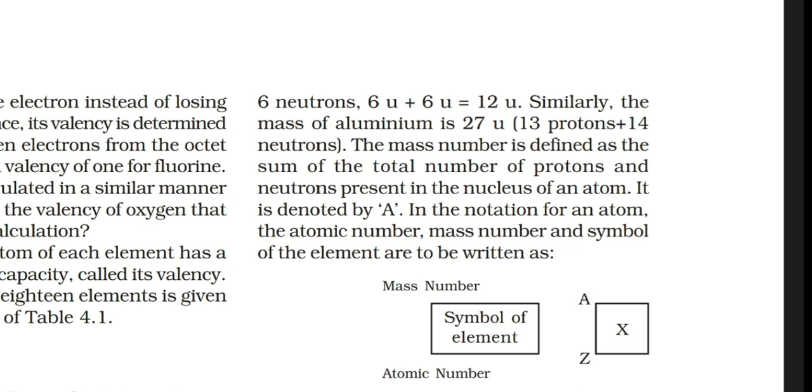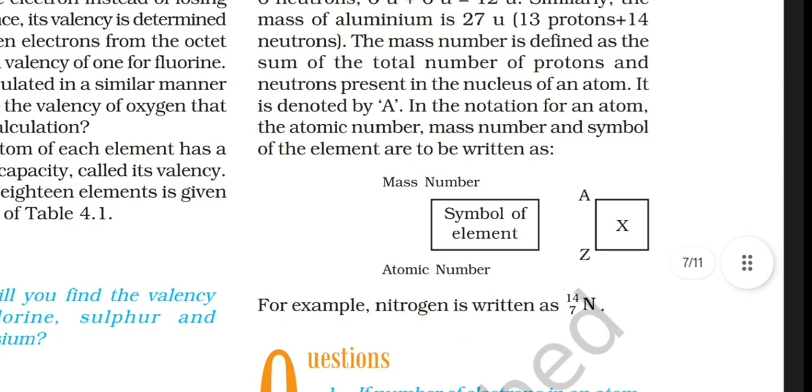In the notations for an atom, the atomic number, mass number and symbol of the element are to be written. While writing the symbol of any particular atom, it should be written as X, where X is the atom name or element name or symbol of an element.